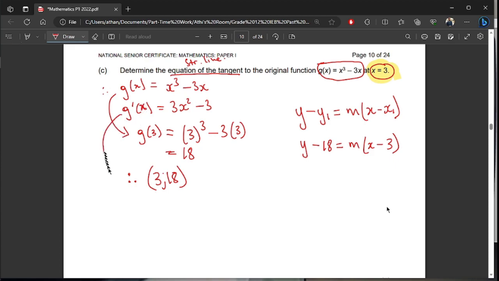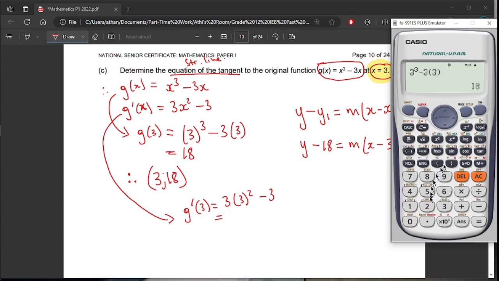Now the gradient at any point is shown by that equation. That means the gradient at 3 is going to be what? We say 3x is 3 raised to 2 minus 3. This will give us the gradient at a specific point, and our specific point is 3.